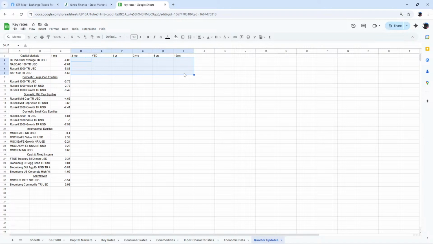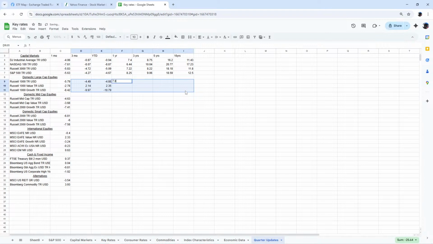I'll just go straight across each line and do them block by block. Okay. Next block. Whew. 7.18.